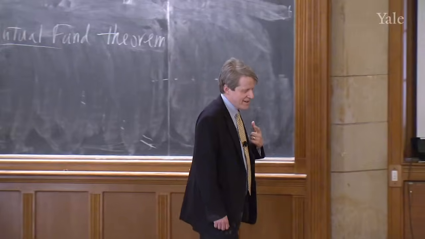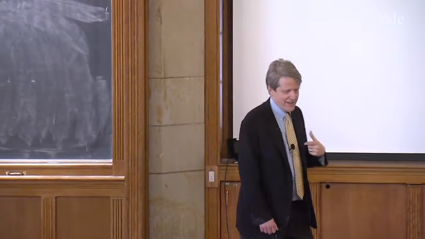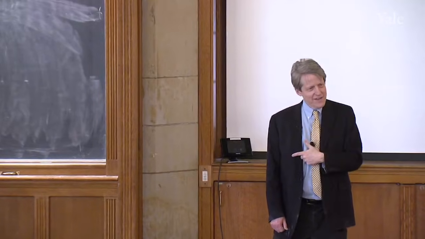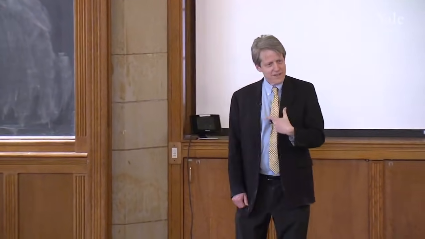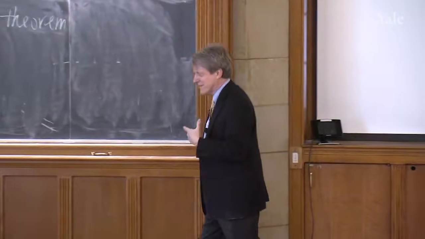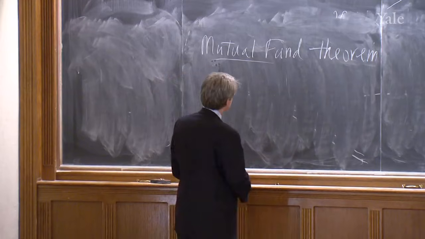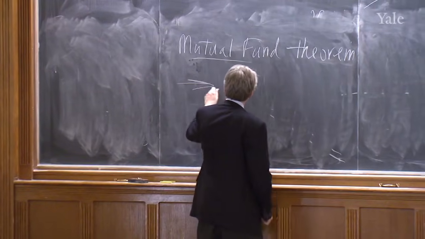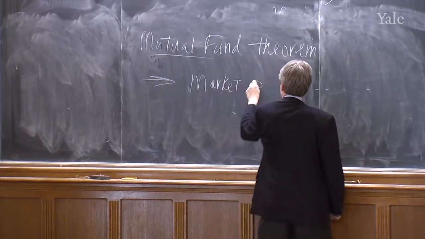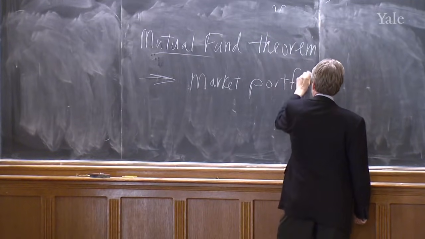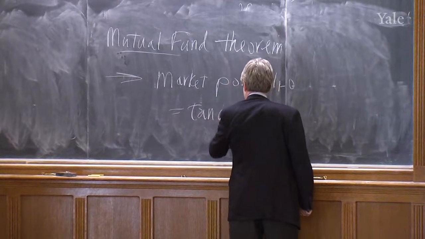If there's twice as much oil as there is stock, then there has to be twice as much oil as stock in the tangency portfolio. Otherwise, it doesn't add up, right? Because everyone has to own everything. Supply and demand have to equal. So it means the mutual fund theory implies that the market portfolio equals the tangency portfolio.